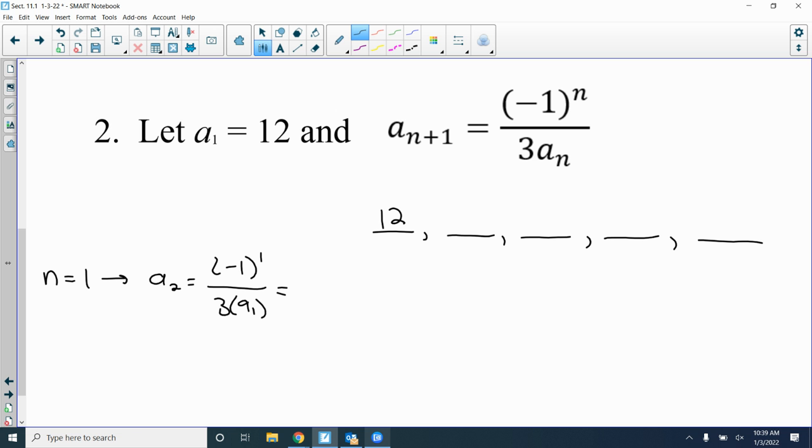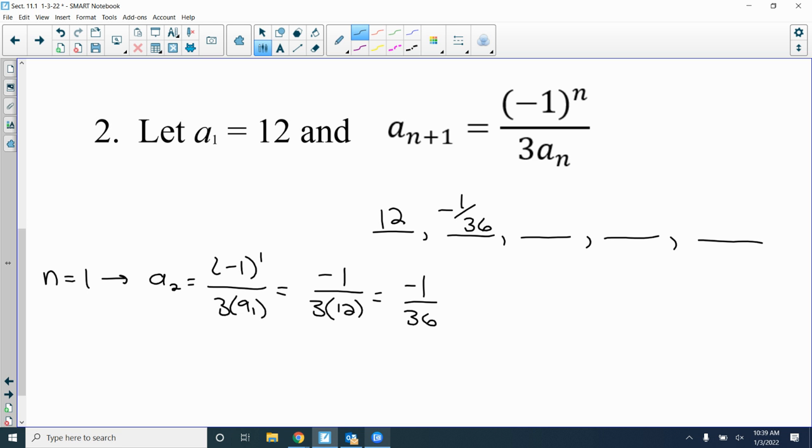Well, negative 1 to the first power is negative 1. 3 times a sub 1, which is 12. So this is where the previous term goes. So I get negative 1 over 36. So that'll be my second term, negative 1/36. Now that gets plugged into here, but you got to be careful about that negative 1 on the top.